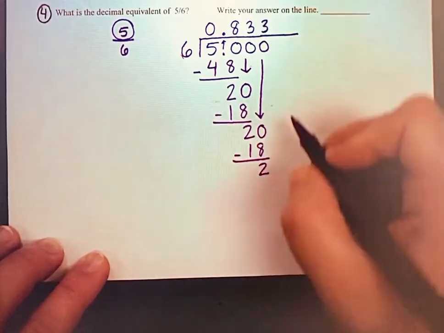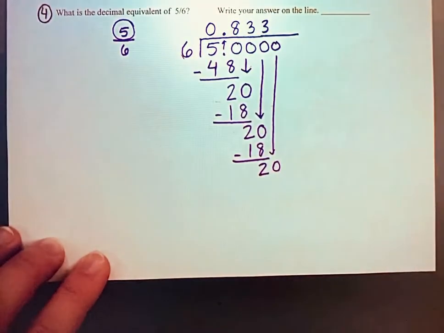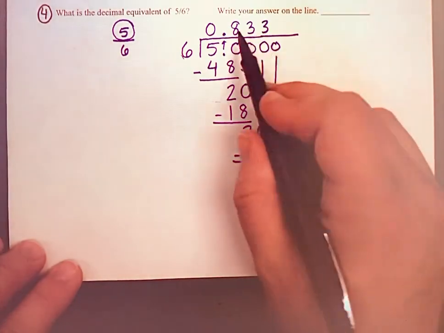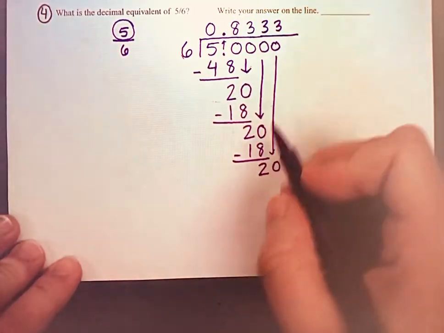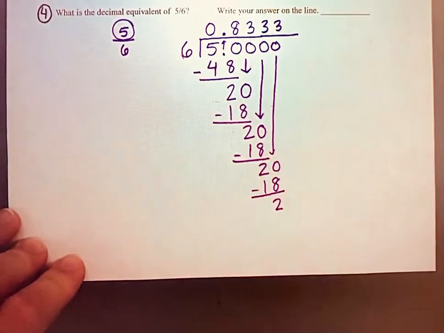I subtract and I get 2, and I don't have any zeros, so if I were to keep bringing down zeros over and over, what number is going to repeat? Is it 8, 3, or is it just a 3? And we can see that the 8 does not repeat. We're going to keep getting 3 over and over.